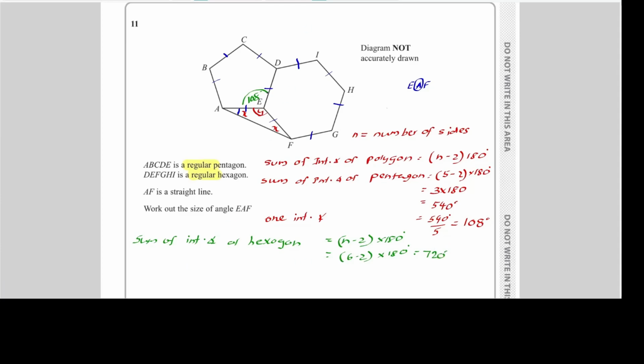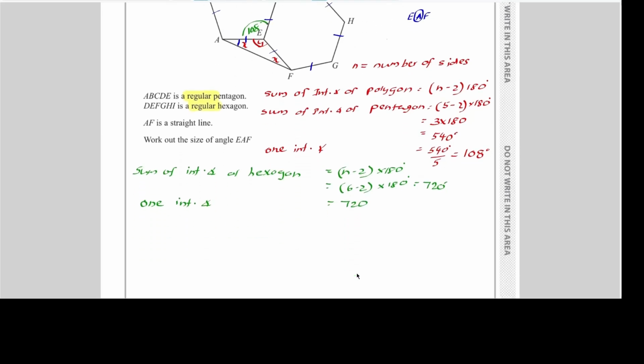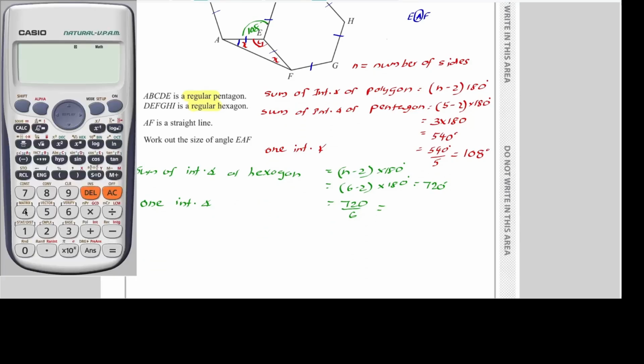So I need to get one interior angle. One interior angle of the hexagon becomes 720 divided by 6. 720 divided by 6 is 120.